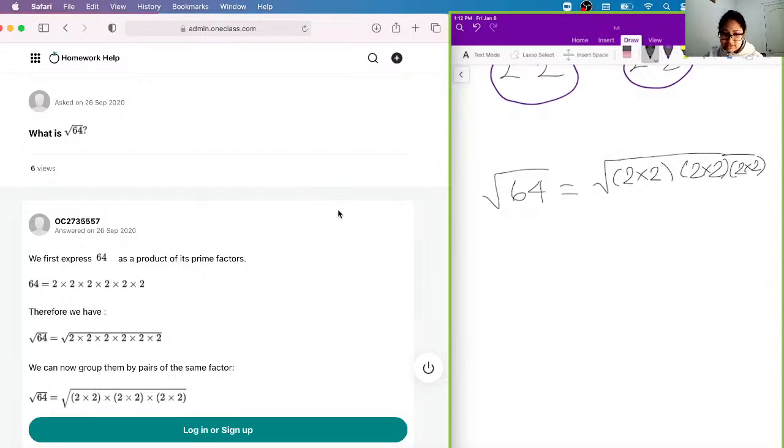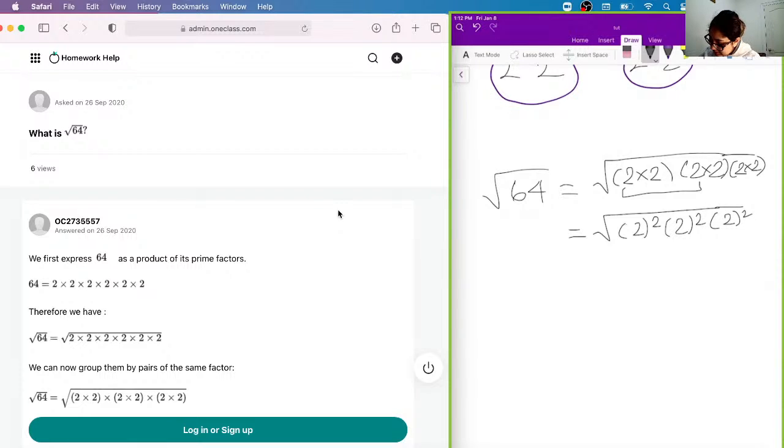So the square root of 64 is equal to the square root of all 3 groups of 2. And so what we can basically do is group these together. So you have 2 squared, 2 squared, and another 2 squared.